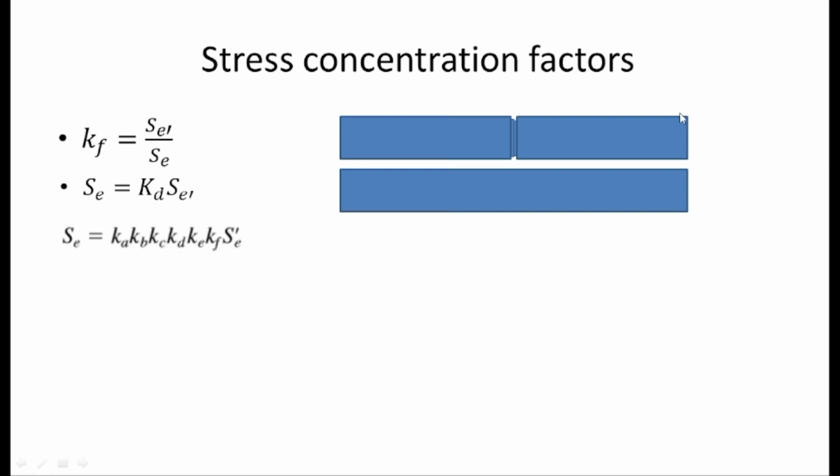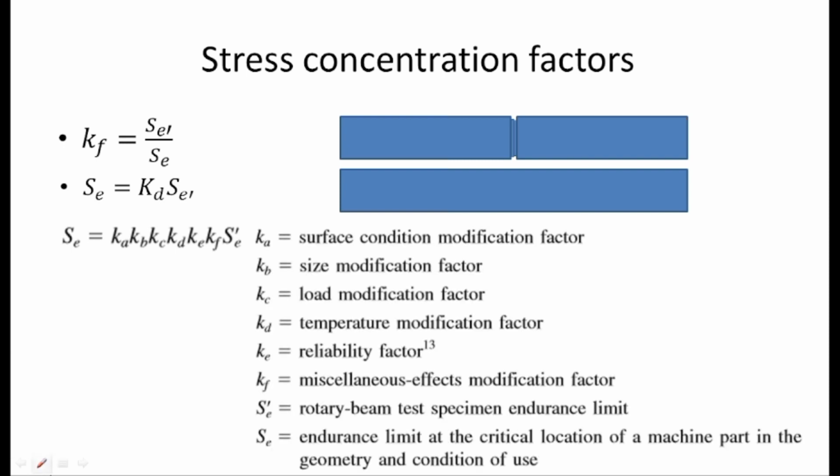SE is equal to Ka, Kb, Kc, Kd, Ke, Kf into SE dash. So we can see that SE here is for a real body at the critical location of a machine part in the geometry, and SE dash is for the rotary beam test specimen.